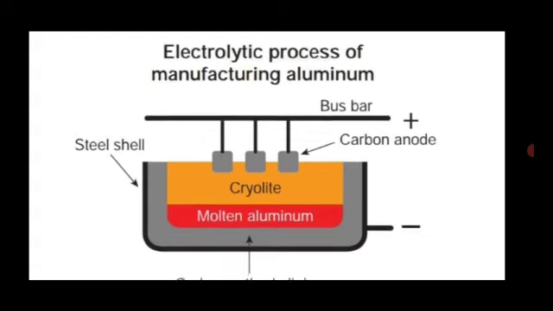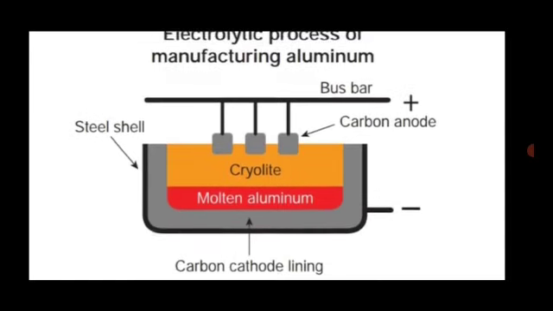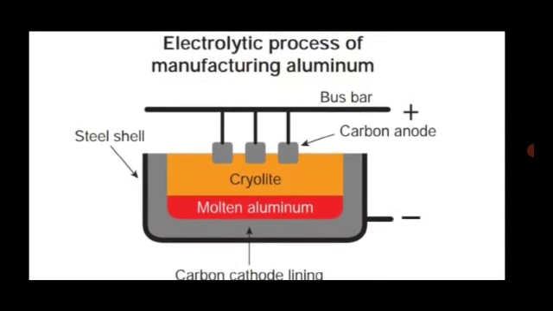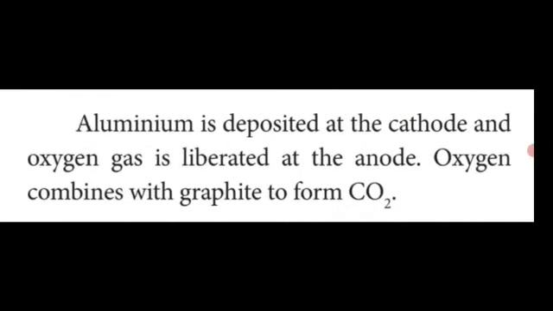The graphite rods act as the anode. The carbon lining is used as the cathode. Aluminium is deposited at the cathode, and oxygen gas is liberated at the anode. Oxygen combines with graphite to form carbon dioxide.